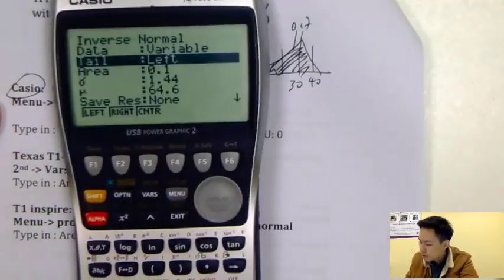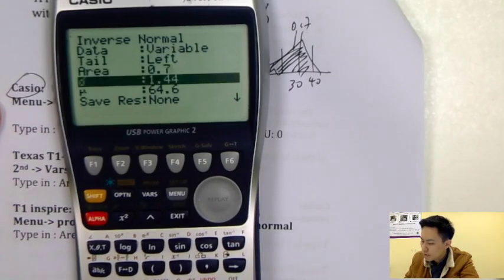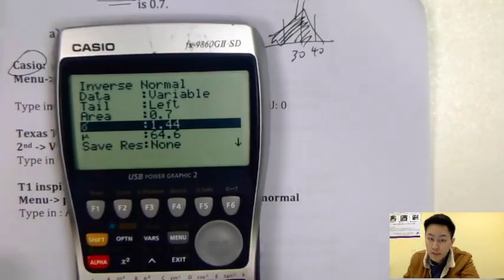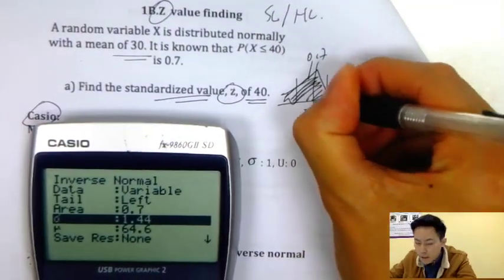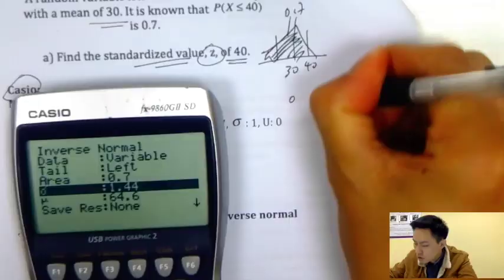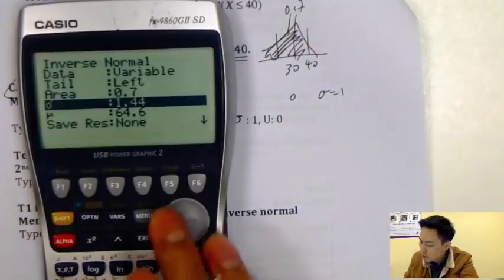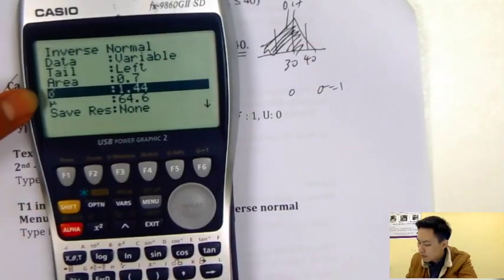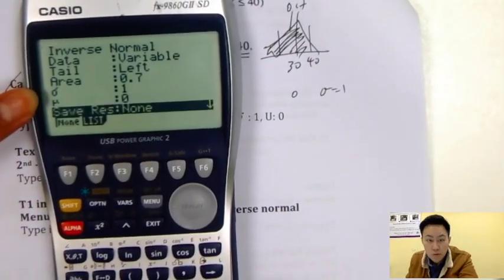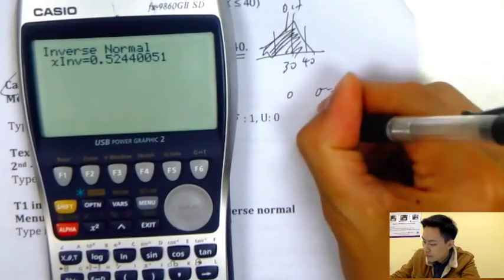So you type in 0.7. For z value, we'll always type in the mean is equal to 0, and the standard deviation always equal to 1. That is what we mean by standardized.